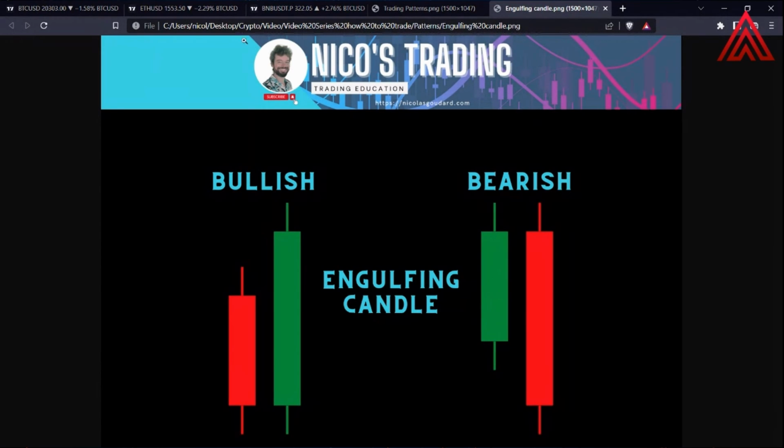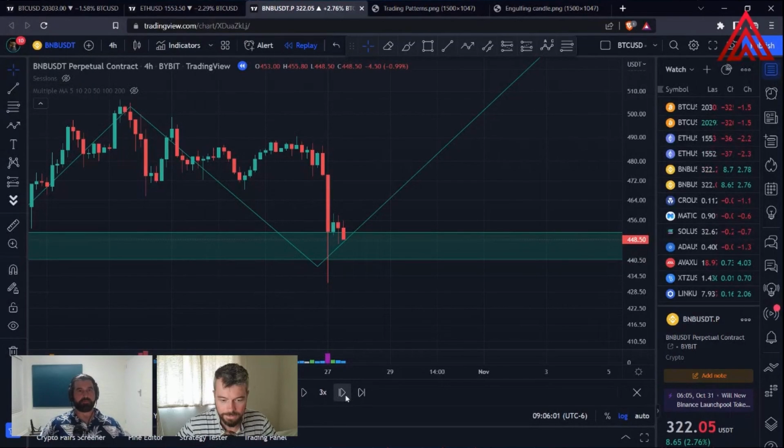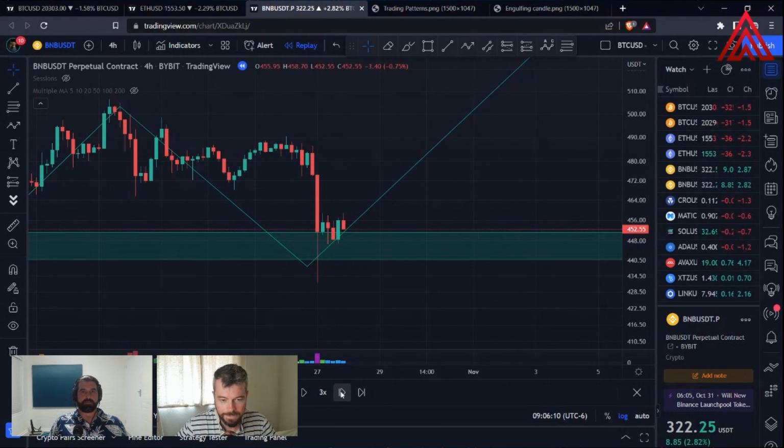So if you apply this for a trade here, let's have a look. We're going to look at a double bottom. Okay, so we touch here, we come out of the zone, we go back into the zone. Okay, and what we will look at now is very obvious.